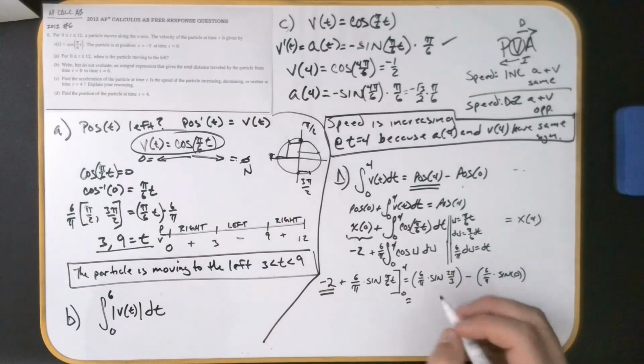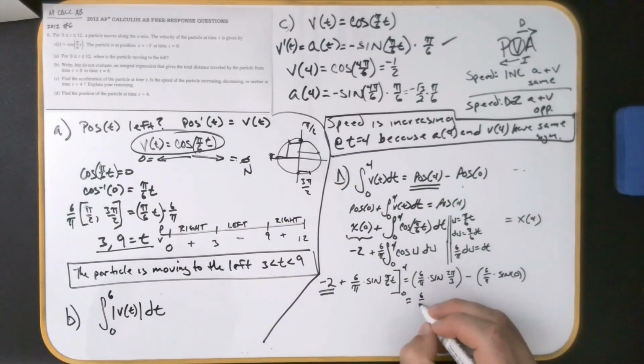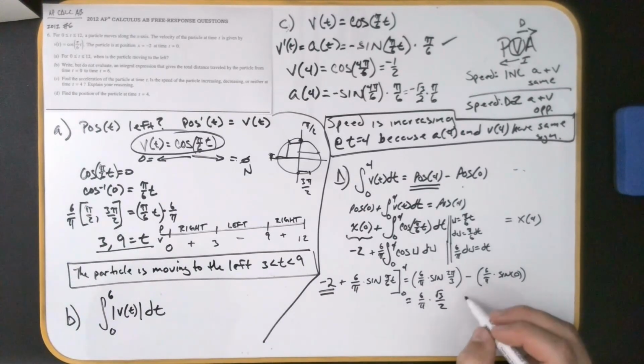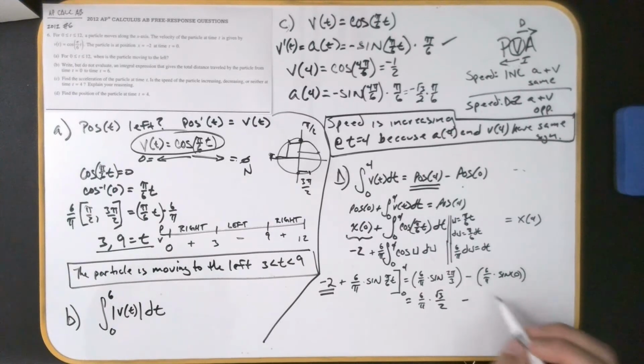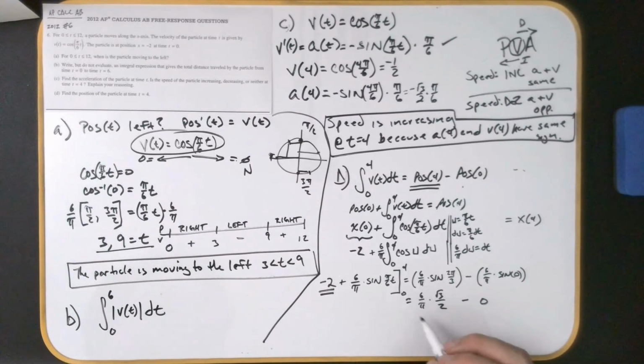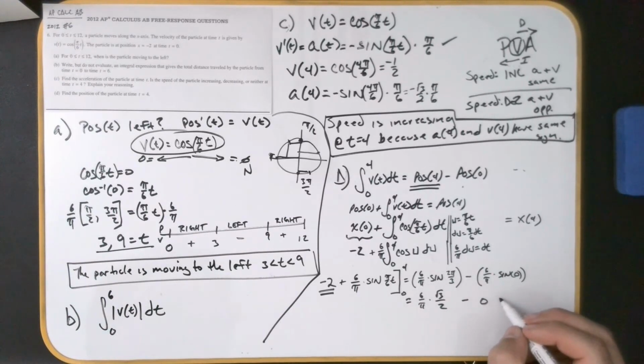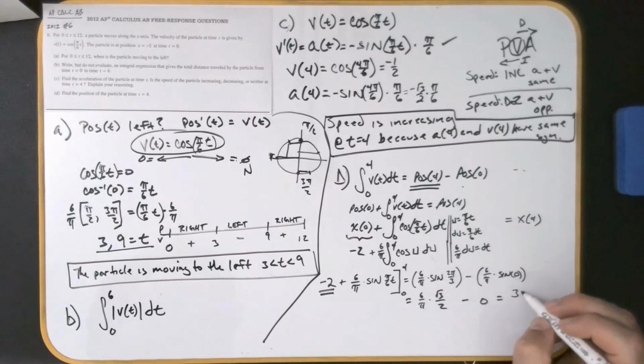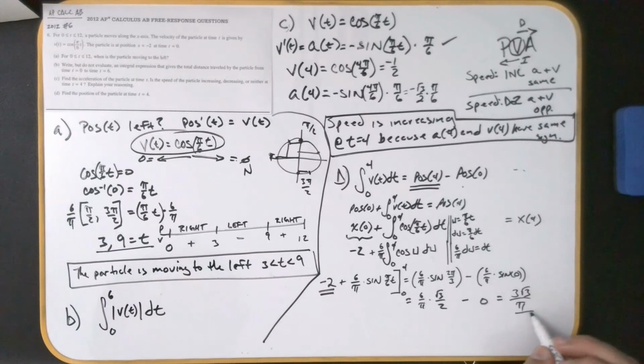That's actually rad 3 over 2. So we get 6 over pi times rad 3 over 2 minus, and this just all goes to 0. So this cross cancels, and it looks like if we were to simplify that, we get 3 rad 3 over pi. Okay, so that is just the result of this integral right here.